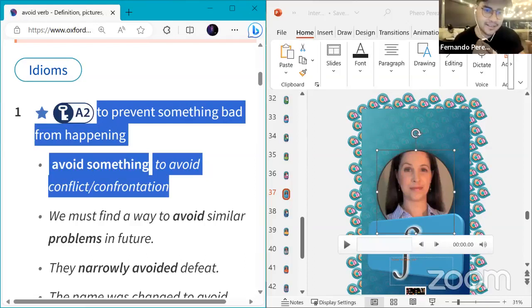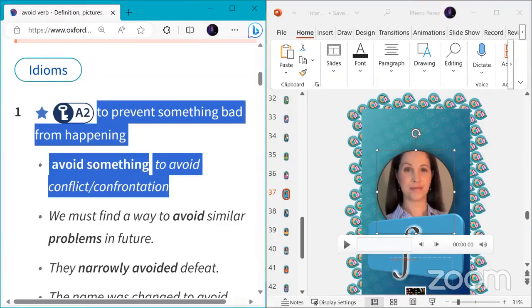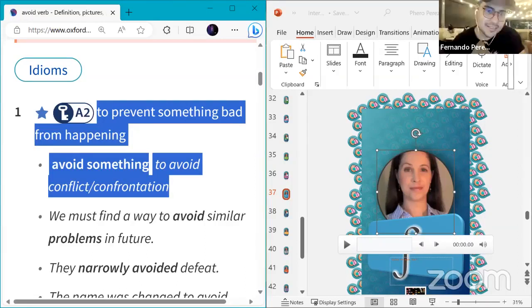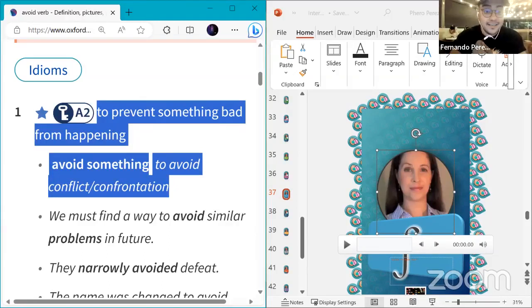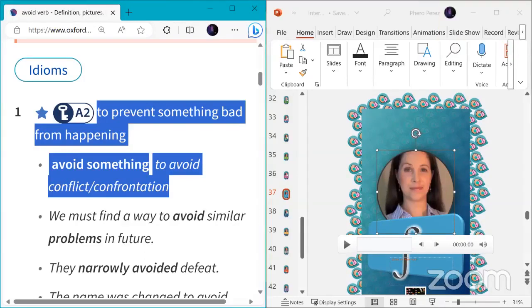But what happened with want? Don't eliminate want. Your intention is to say want, keep want. Don't erase. So: I want to avoid. Excellent. You want to avoid and then the ing. I want to avoid getting sick this rainy season.